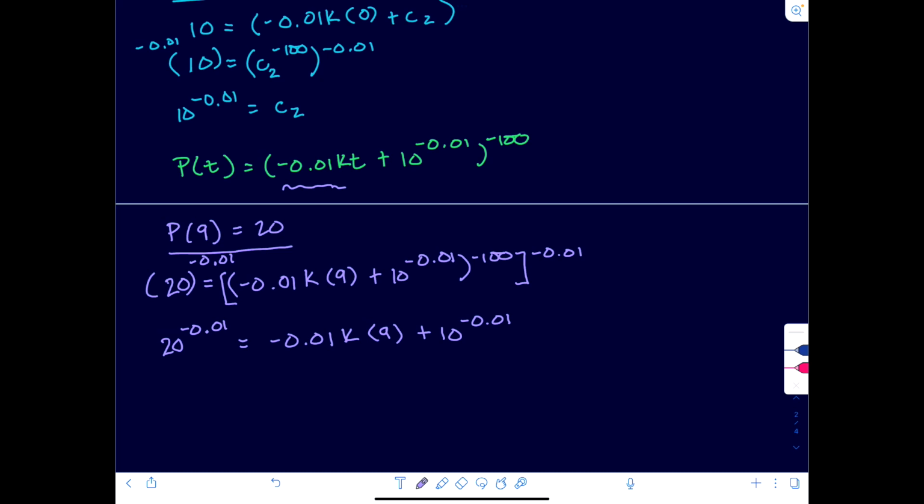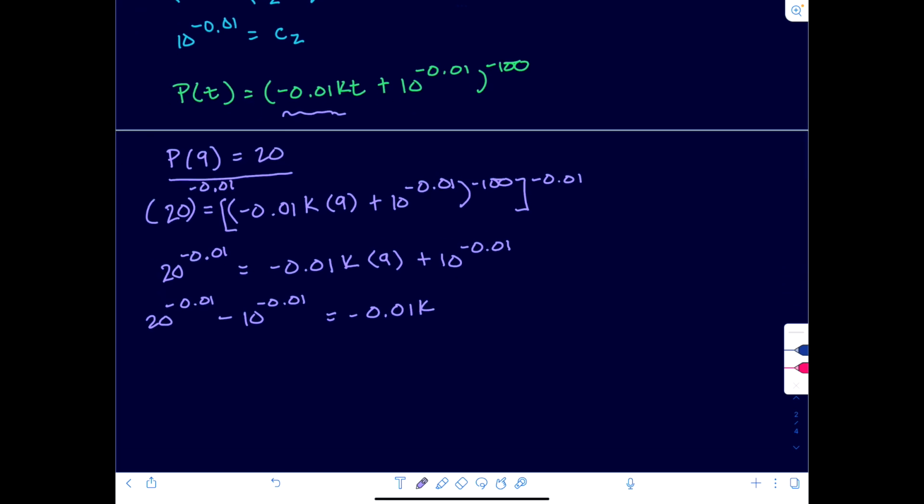And that will give us 20 to the negative 0.01 minus 10 to the negative 0.01 is equal to negative 0.01 times k, and then times 9. I'm going to go ahead and divide by 9.